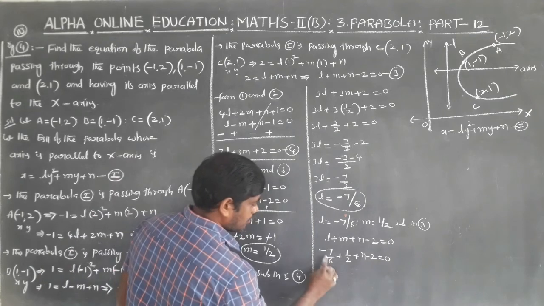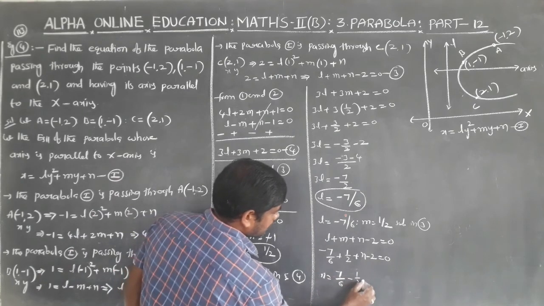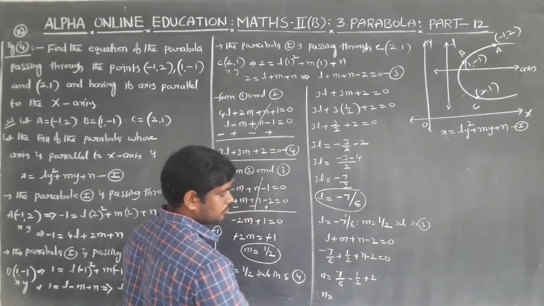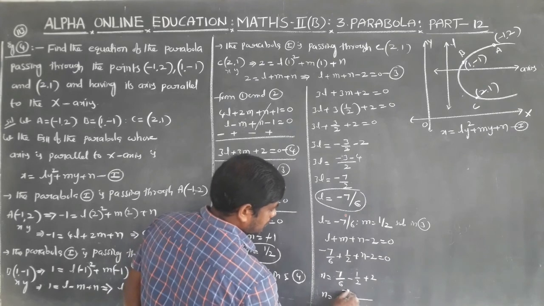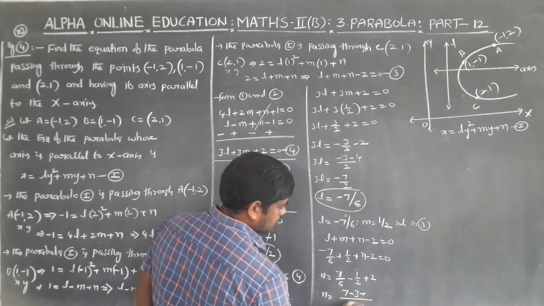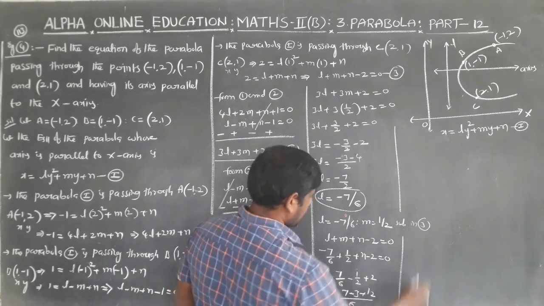N is equal to 7 by 6 minus 1 by 2 plus 2. LCM is 6: 7, minus 3, plus 6 2s are 12.